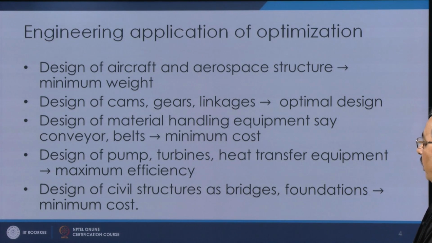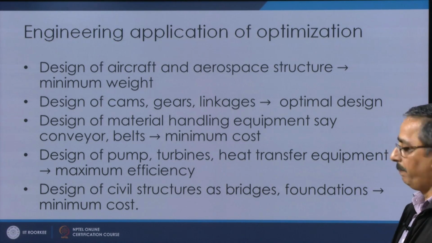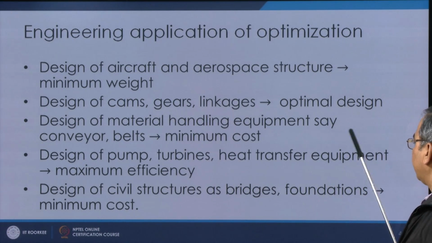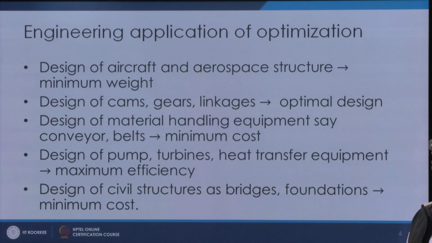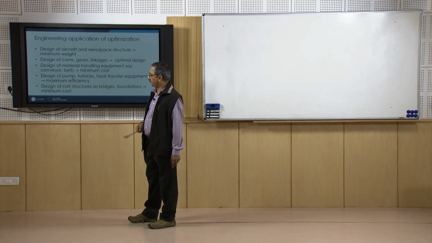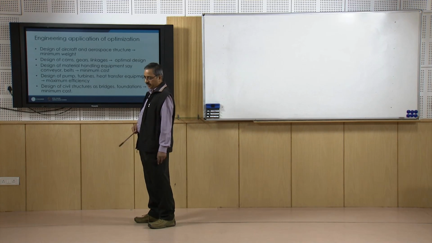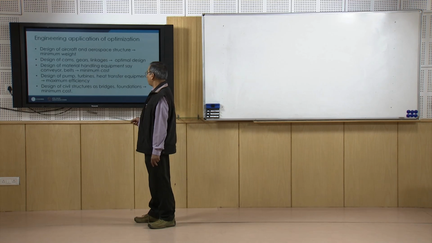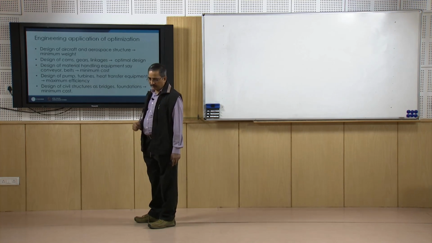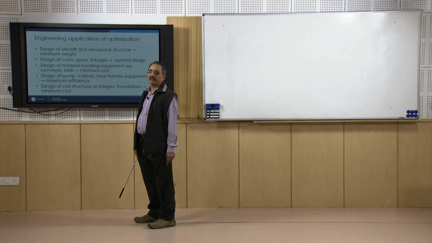And if I am talking about components such as a pump or turbine, or heat transfer equipment such as a heat exchanger, then the aim could be maximum efficiency. And if I talk about structures in the civil engineering domain, such as bridges and foundations, the aim of the optimal design could be minimization of the cost.